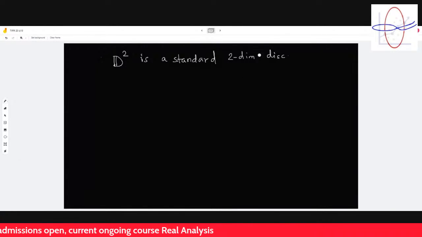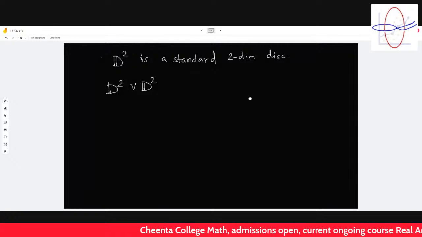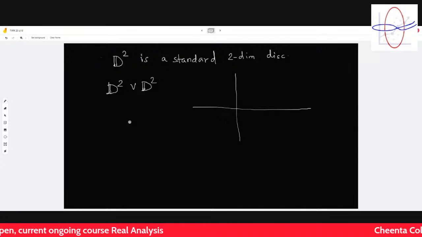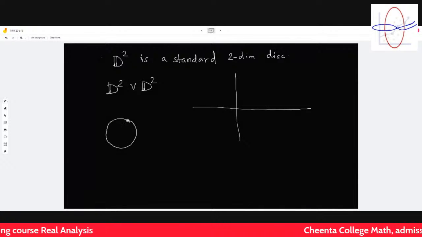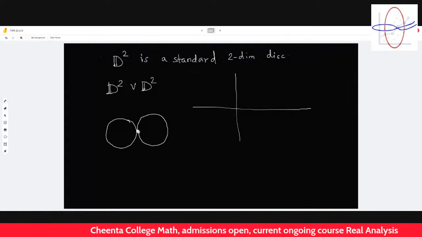If I take this D2 wedge D2, what does that mean geometrically? It means that in R2, we are taking two unit disks which are connected through a single point.